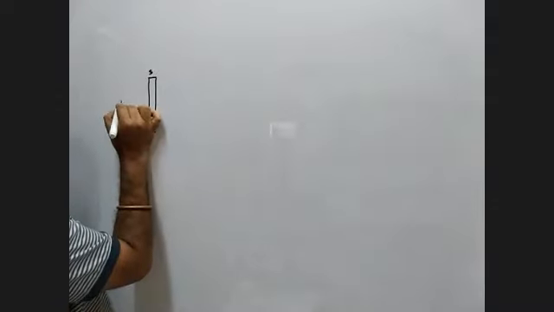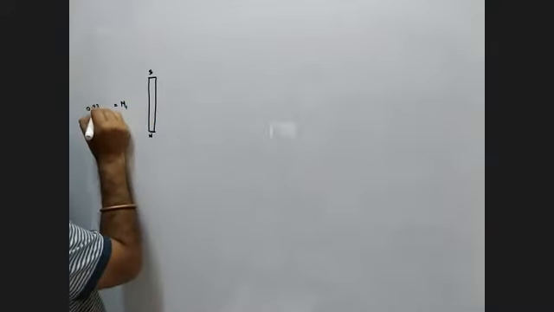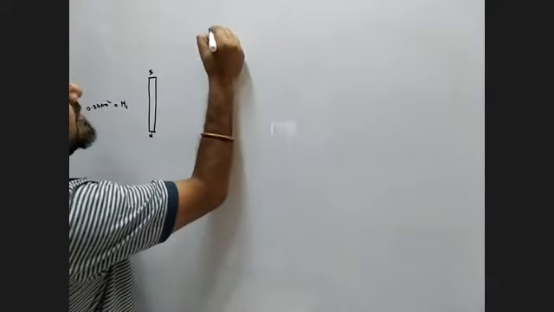Suppose I'm giving you two magnets. One is this one, South Pole, North Pole. Let it be the magnetic moment M1, which is 0.27 ampere meter square. Oh yes, one more thing.